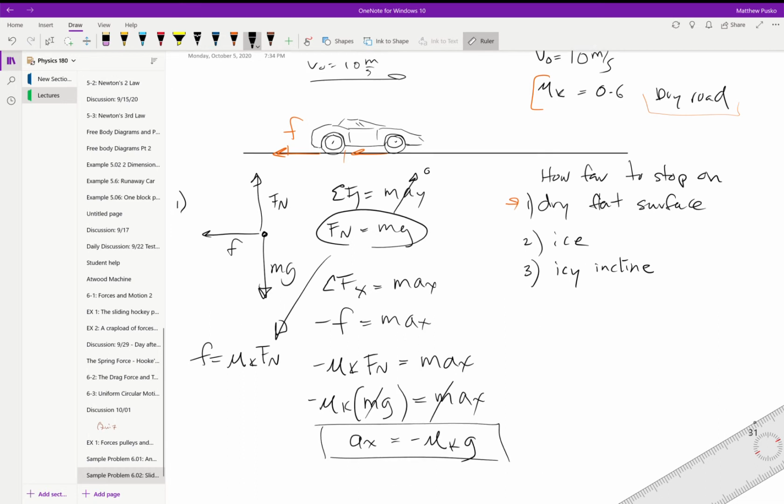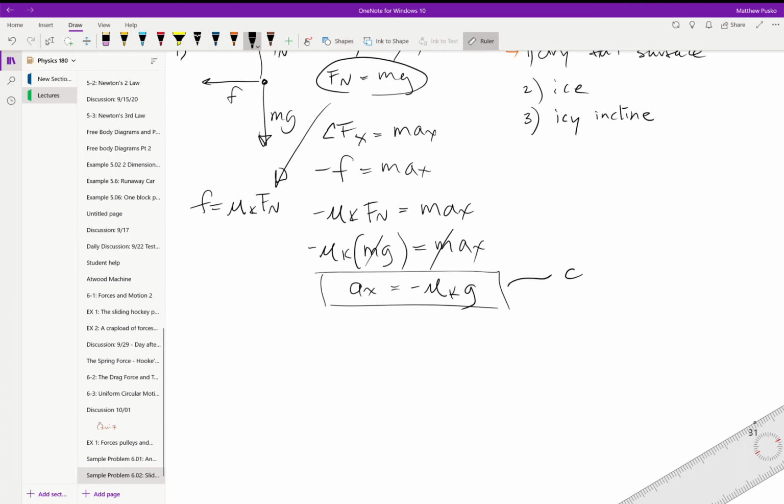Alright, that's our answer. Note, this is actually a constant value. I'm going to say this in the next couple of videos: if the acceleration is constant, we can use our constant acceleration equations for kinematics.